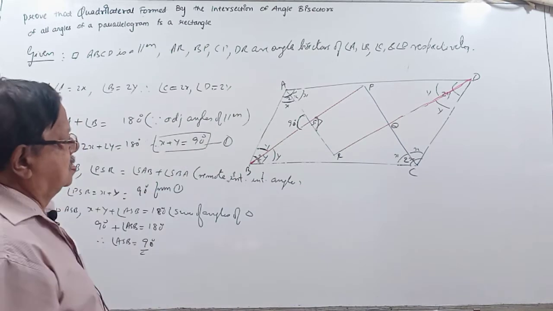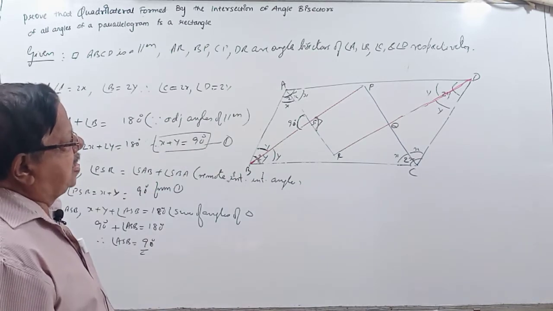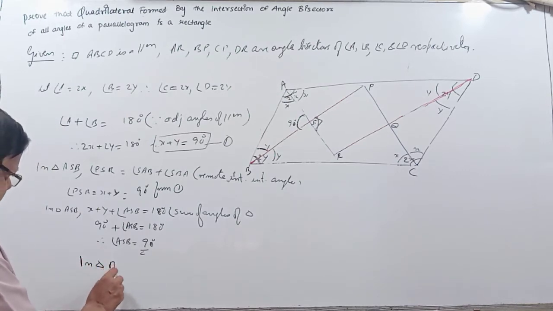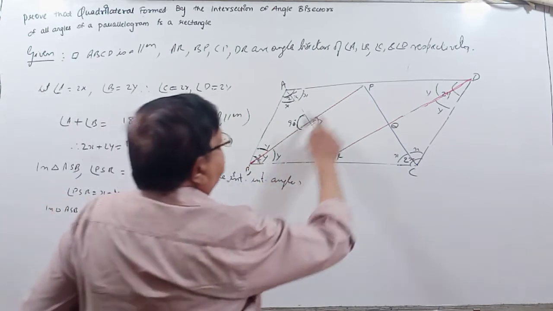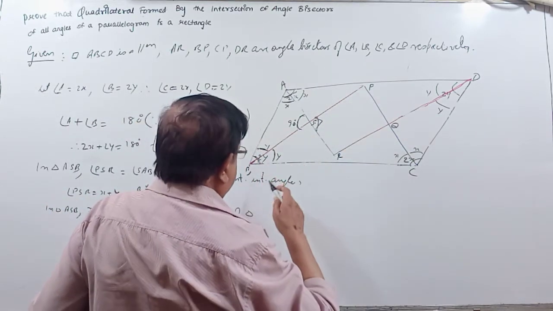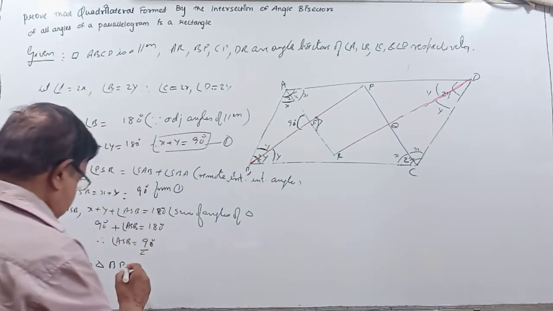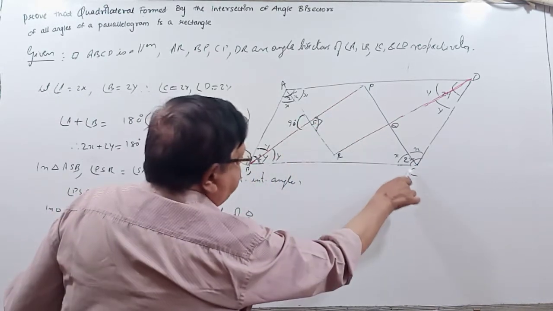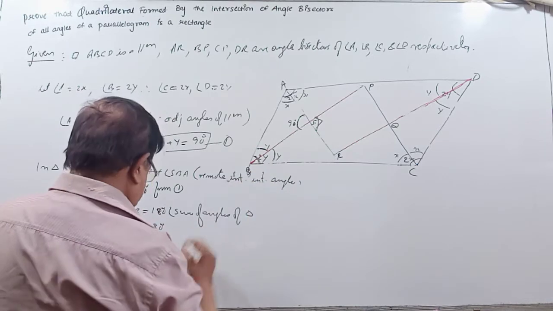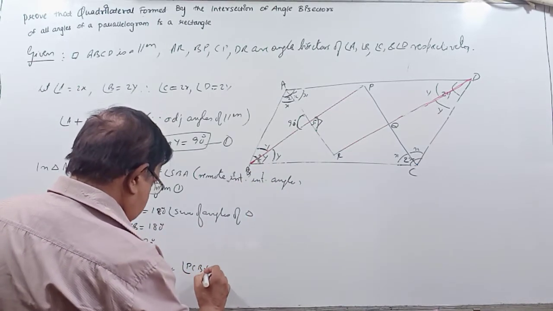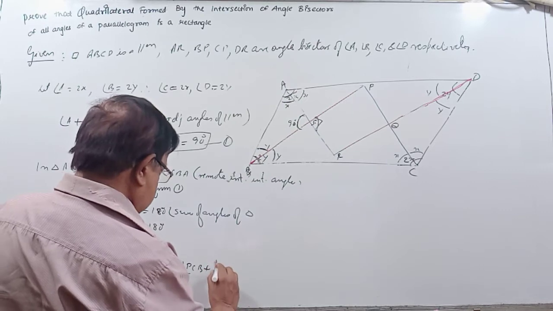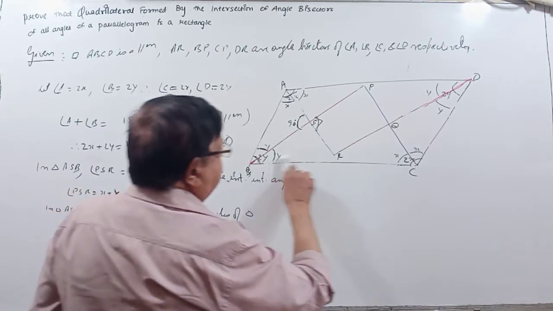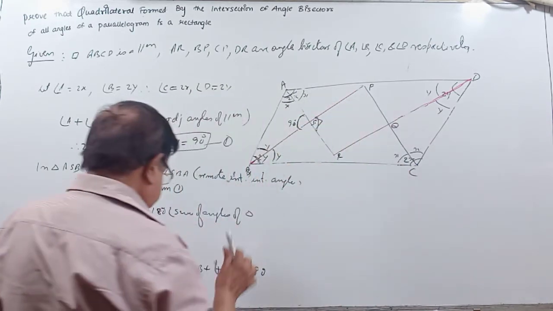Now in triangle BPC, how much is this? Angle PBC is y. Angle PBC plus angle PCB plus angle BPC equals 180 degrees. This angle plus this angle plus this angle equals 180 degrees.